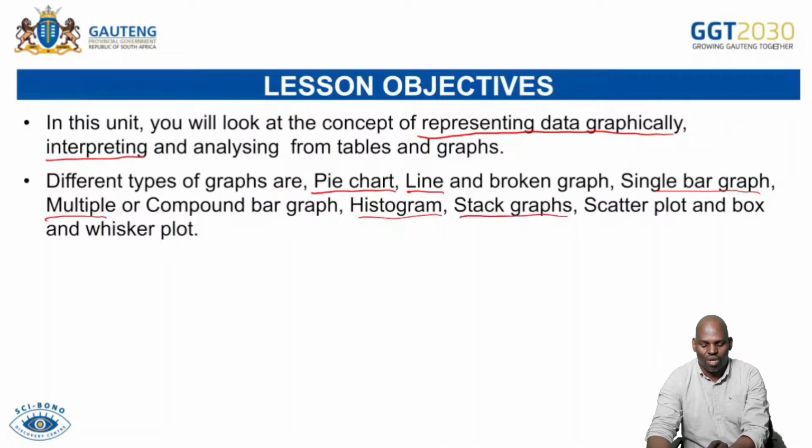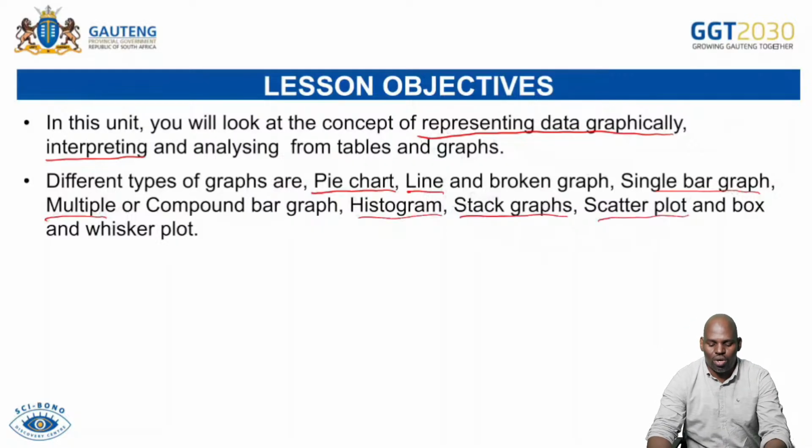Stack graphs, you must be able to interpret. Generally with stack graphs, you must be able to interpret, but they can also ask you to draw. Scatter plot, you must be able to interpret the information on the scatter plot, or in some cases, they might ask you to plot points of a scatter plot.